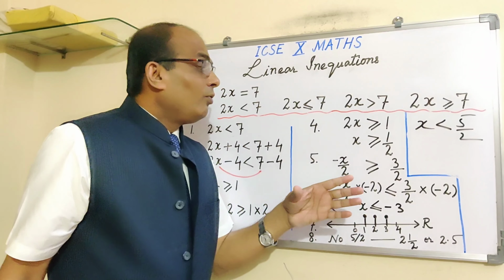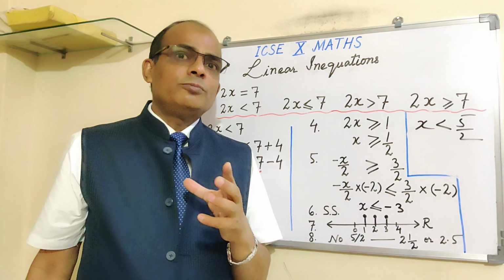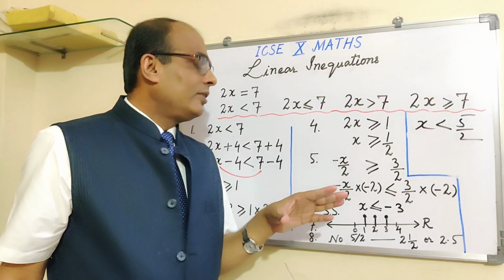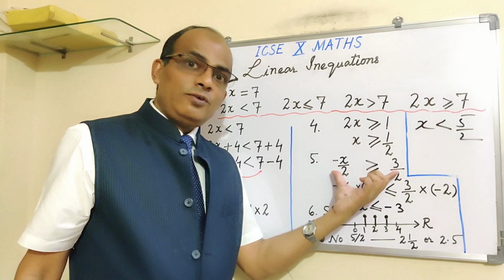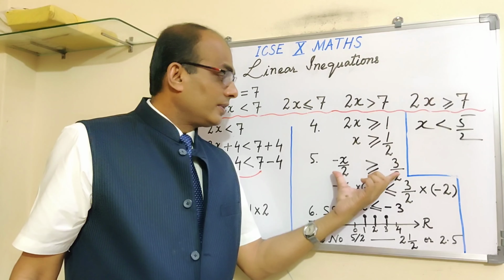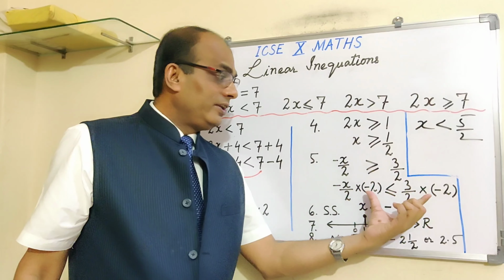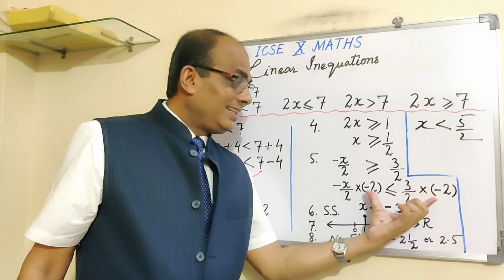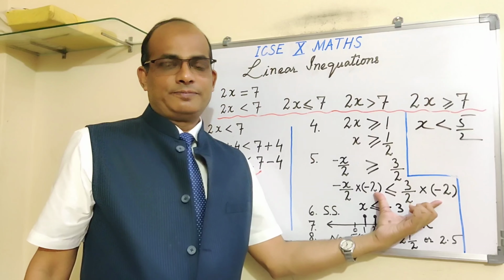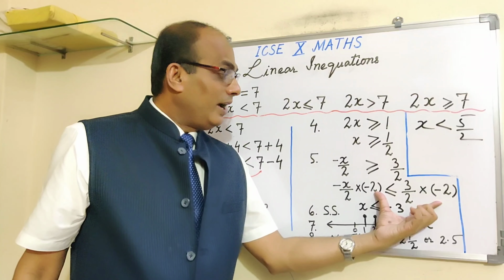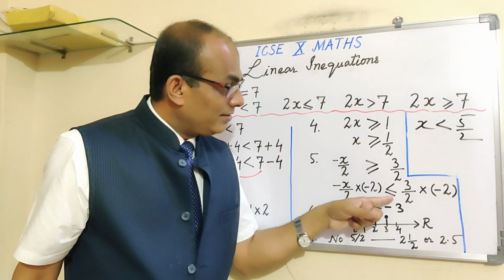The rule is, when you multiply both the sides of an inequation by the same negative number, then the inequality is reversed.